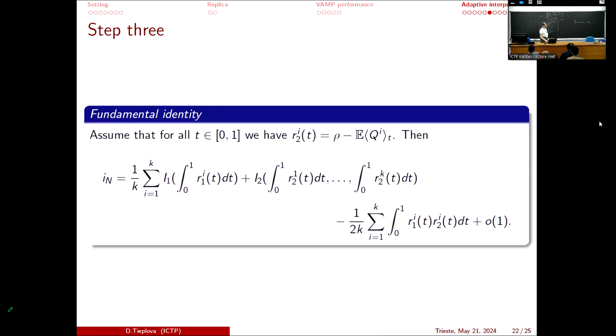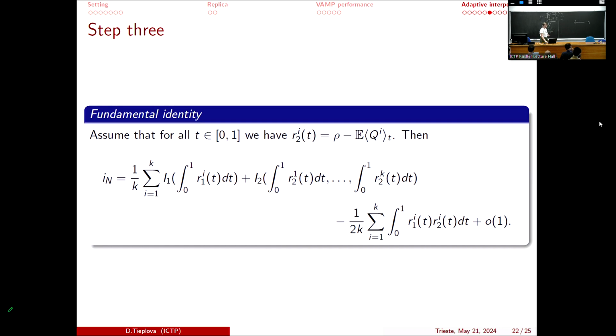So after we take this conjecture, we obtain the true formula for the mutual information. And here it matches our replica conjecture exactly, except that we have all the integrals inside the mutual information, and before we had them outside of the mutual information.